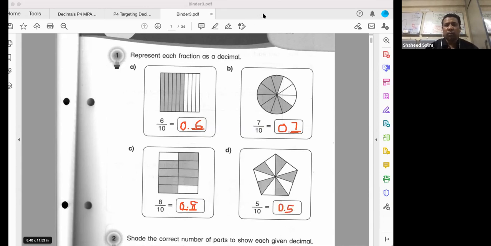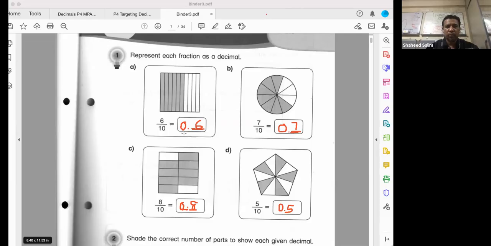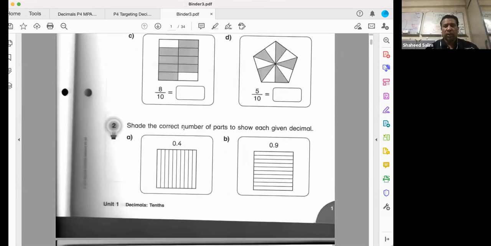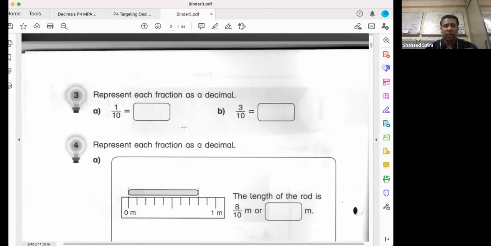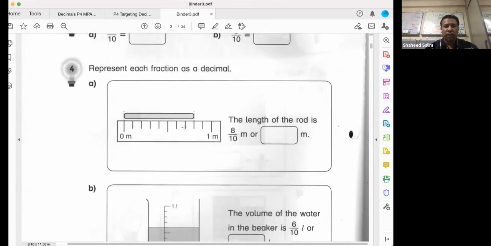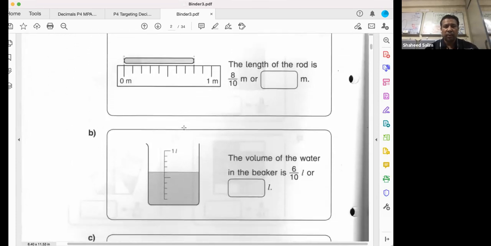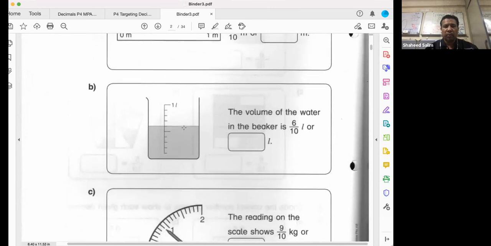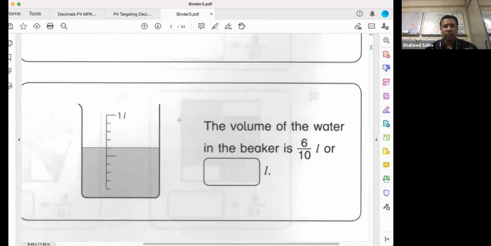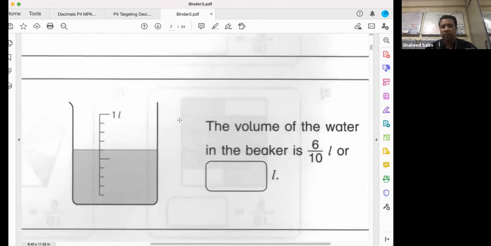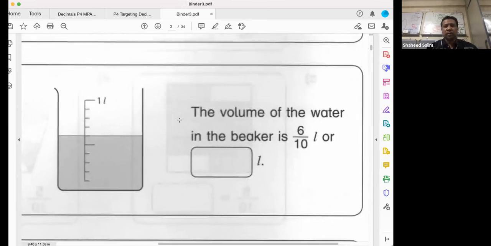Okay, we move on to the next one. This one, no need to shade. Okay, wait, hold on. Down here now, we try this one. What's the answer for this one? What's the answer for B?